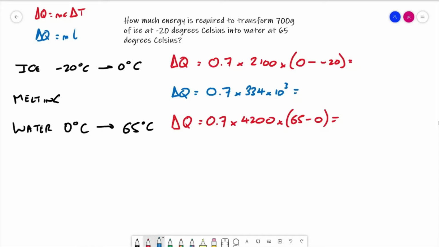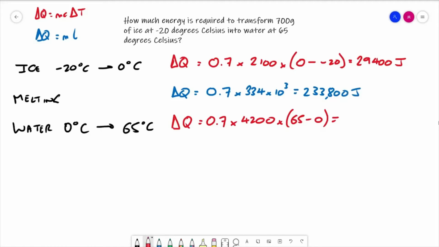For the ice then, when we plug that into the calculator, we end up with 29,400 joules. For the melting stage then, we end up with 233,800 joules, and I will just leave it as the full calculator answer for now.